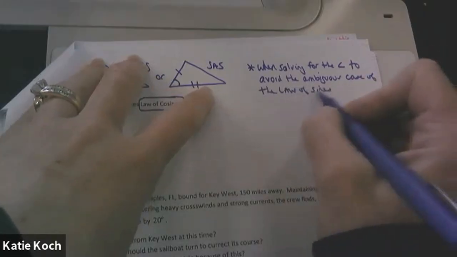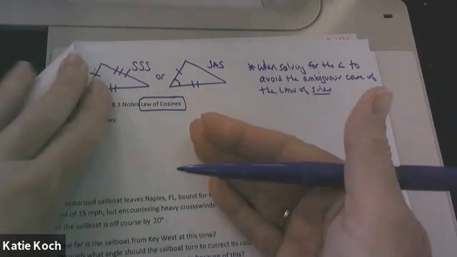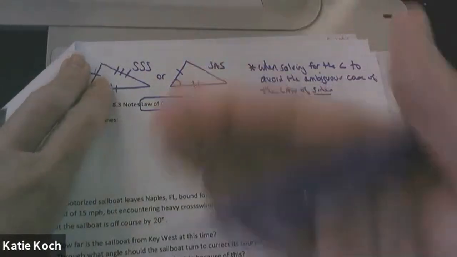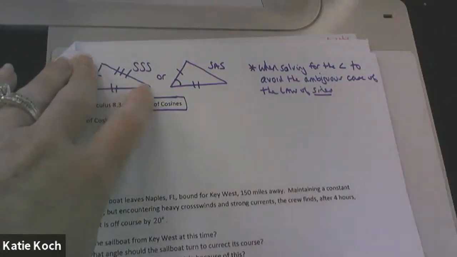Now notice I'm talking about the law of sines right now because today we're learning about the law of cosines, but we're going to switch in step 2 to the law of sines. So that's what I'm talking about, that ambiguous case of the law of sines.